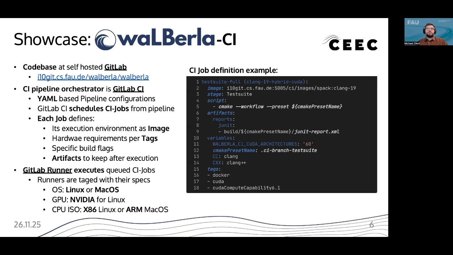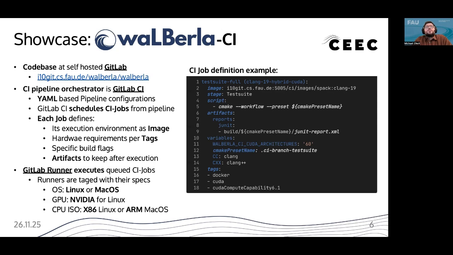And the nice thing is also that GitLab has something that's called GitLab Runner. And this is a service that allows you to queue jobs on existing architectures.